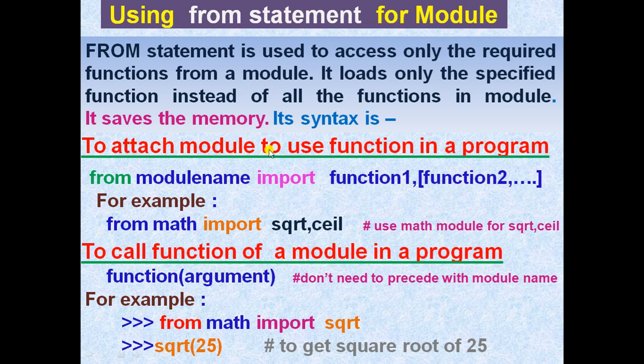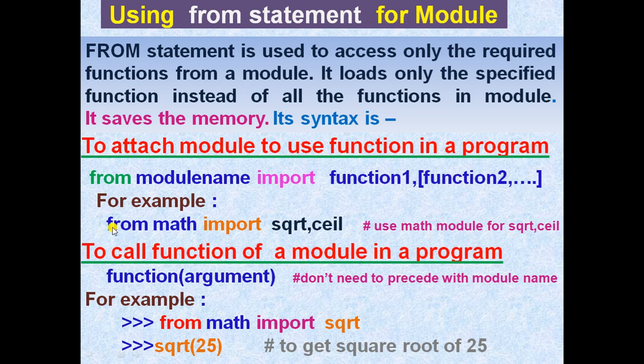So how is it used? Let's see here. To use a particular module in a Python program by using the from statement, the syntax is: from module name import whatever function you want to use.